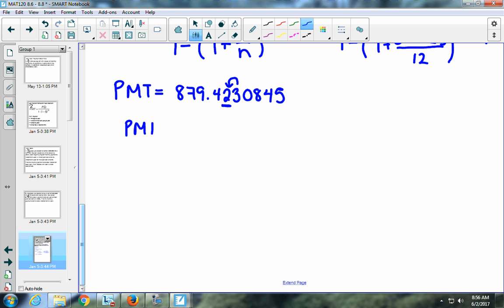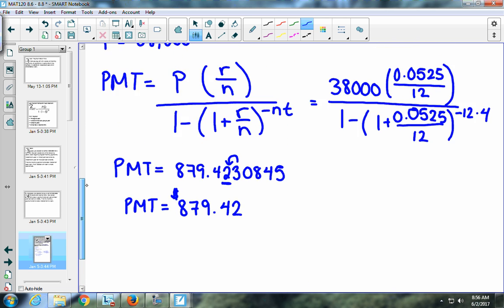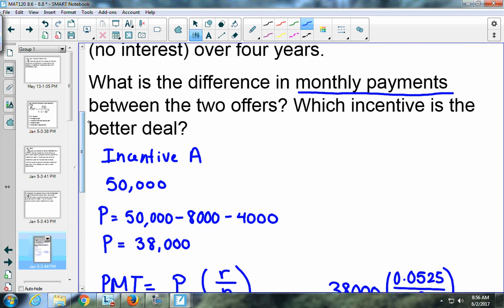So that rounded monthly payment is going to be $879.42. That gives me part of the answer for this first question. What is the difference in monthly payments? I found the first monthly payment.